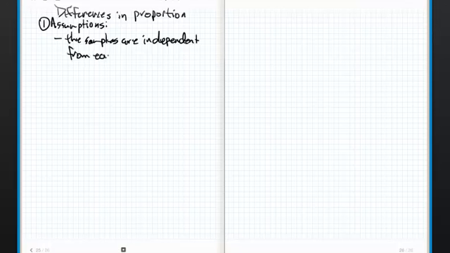Now think about that. What that means is the probability of a woman favoring a candidate is unaffected by the probability that the man favors a certain candidate. Now, think about that in the context of the problem that I just talked about. You couldn't sample a husband and a wife.